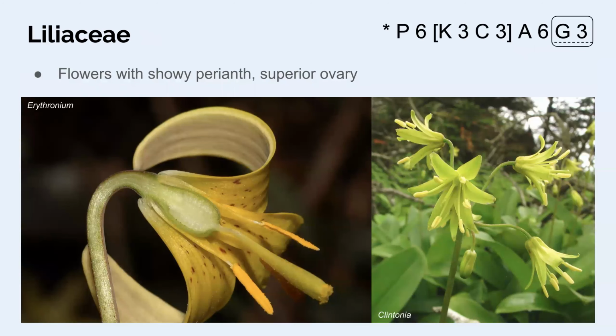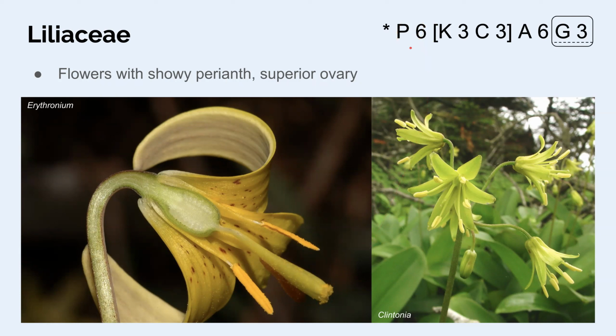All right, so it's a hard one for me to just give you this family and say, learn this family, but we will do very specifically the Liliaceae family, technically speaking, as it is monophyletic, as we understand it these days. So genus Lilium, of course, and then a couple others here, Erythronium and Clintonia. So showy, undifferentiated perianth.